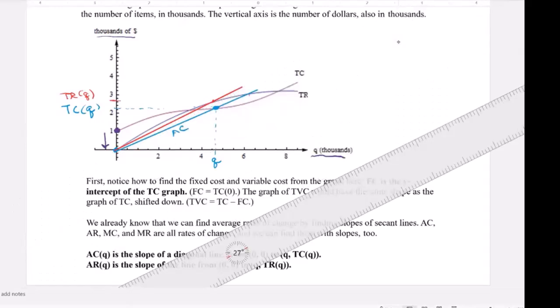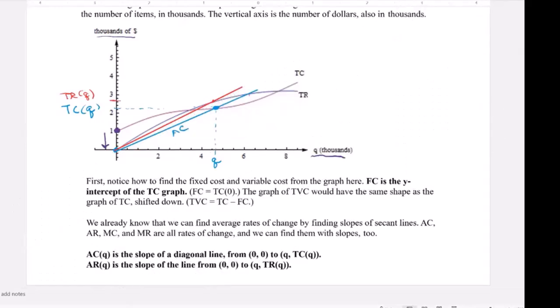So I can see now that I have a steeper line, which means my average cost is smaller than my average revenue, which makes sense because in that space between here and here, I'm making money. Everywhere else, I'm losing money because the cost is higher than the revenue.